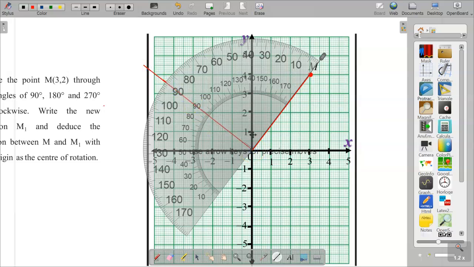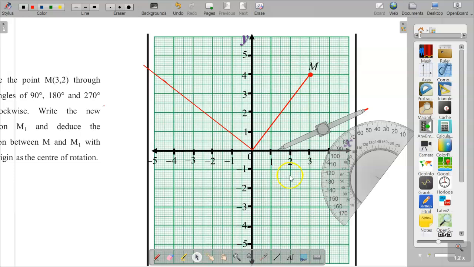Okay. Then when we are done, we'll take our compass or our pair of dividers, put the compass pin at the origin, and open the compass to the point where our point M is.